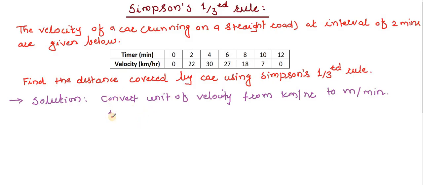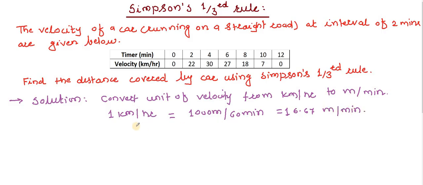So obviously 1 kilometer per hour is equal to 1000 meter per 60 minutes. If we calculate this, that becomes 16.67 meter per minute. So 1 kilometer per hour is equal to 16.67 meter per minute.